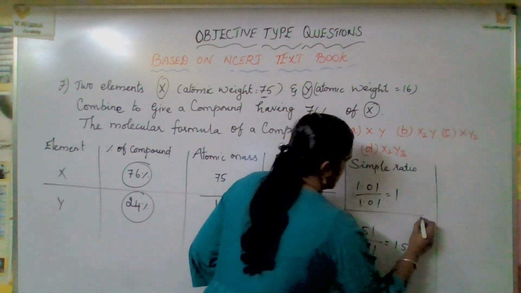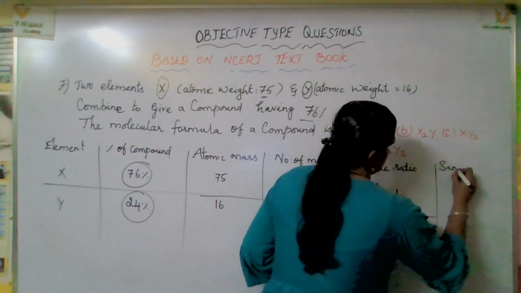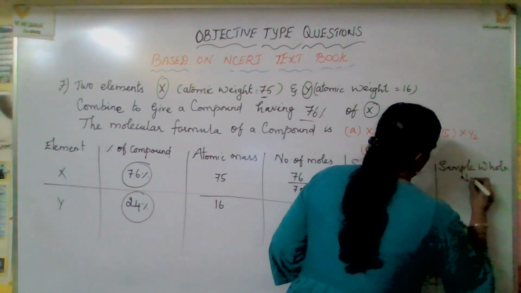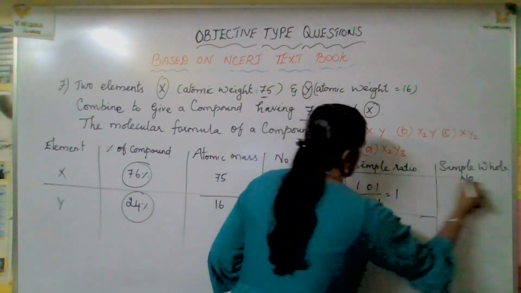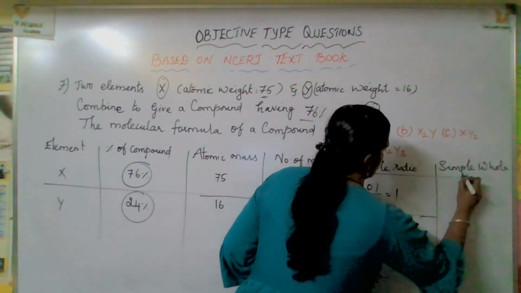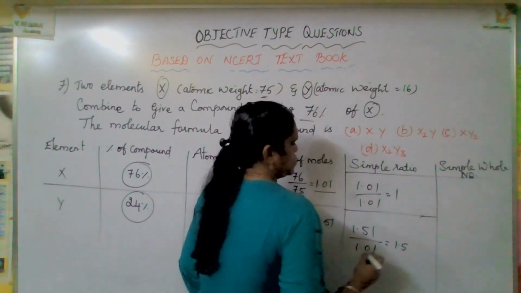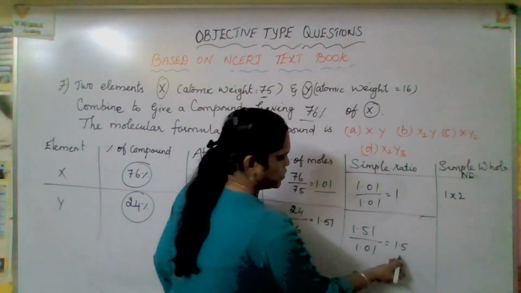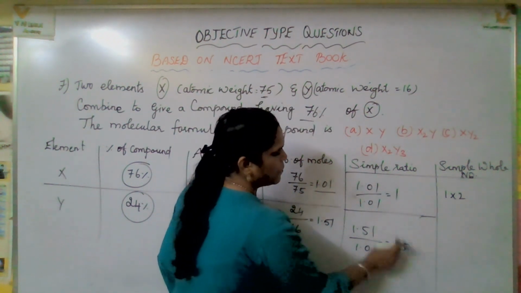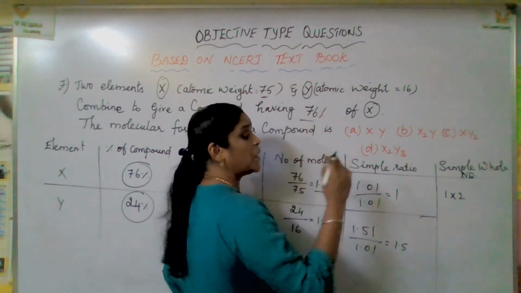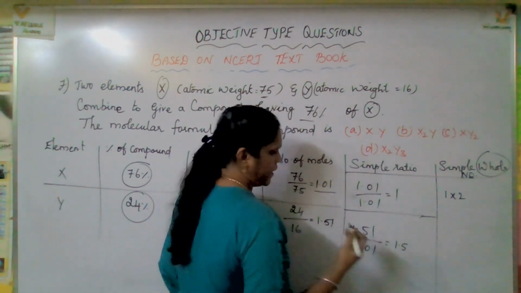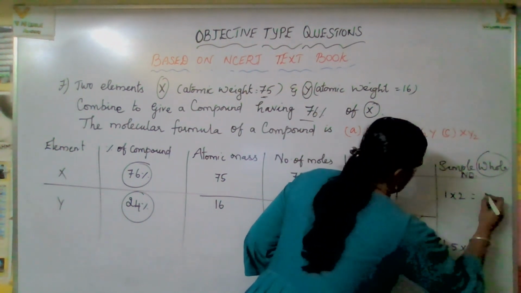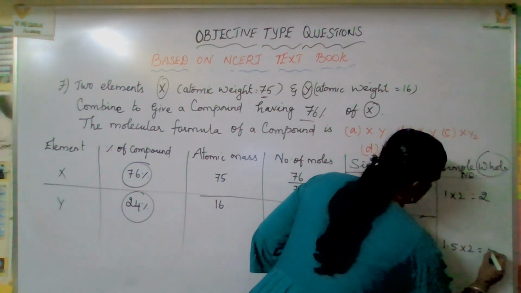The last step is the simple whole number ratio. Here we multiply by 2, because 1.5 is coming and we want a simple whole number ratio. So we consider 1 into 2 and 1.5 into 2. Altogether here 2 and here 3.